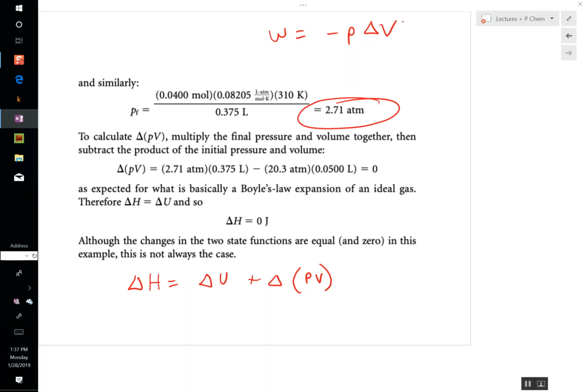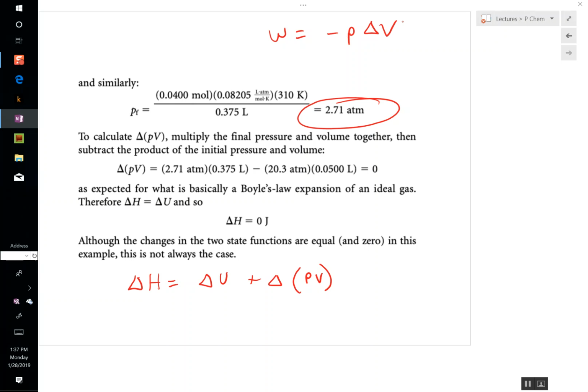If you double the volume, you're getting half the pressure. So pressure times volume is the same in all cases for an ideal gas, if it's behaving like Boyle's law. Oh, so it says as expected for what is basically a Boyle's law expansion, delta H equals 0.